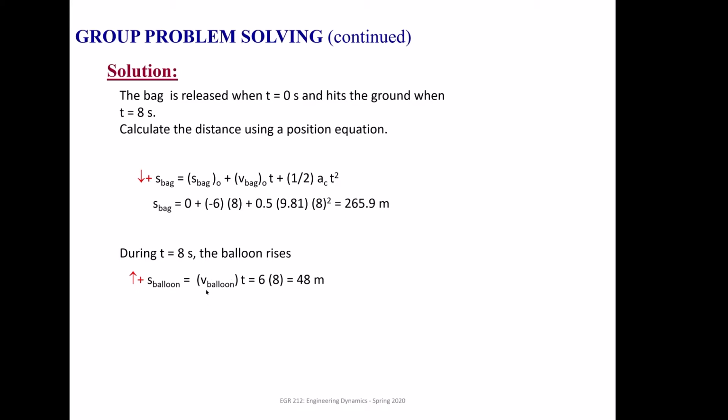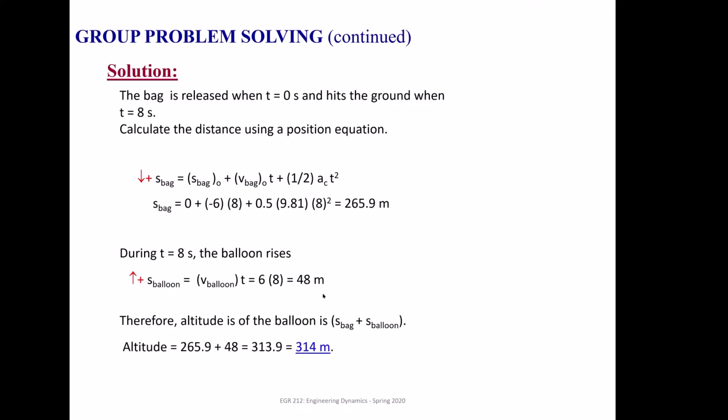Since there's no acceleration, our equation just simplifies to the velocity of the balloon, which is constant, times t, okay? And that comes out to be 48 meters. So we add those together, and we determine that the total altitude, of course, was 314 meters, right? So how high it was before we released the bag, and the distance that it traveled upward while the bag was falling to the earth, okay? And then it comes up 314.